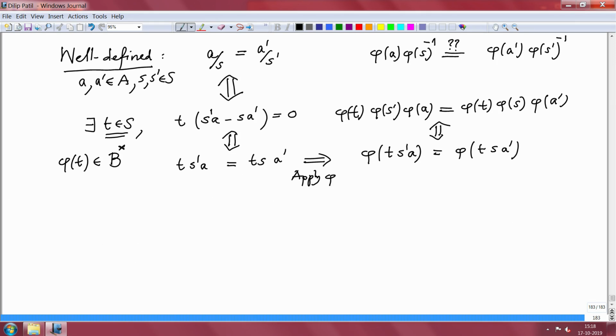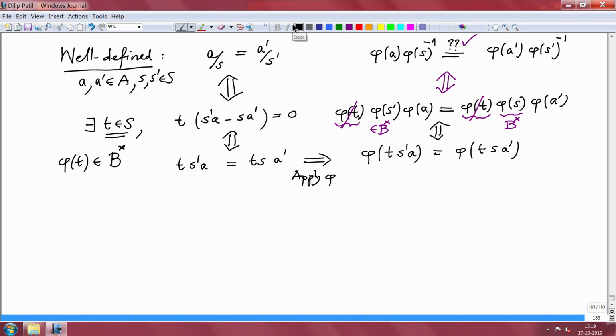So I can cancel this element, and then this element is also a unit in B, because S and S prime are elements in S. So I can shift this to this side and this to this side, and that is precisely this equality. So that proves that it is well defined.